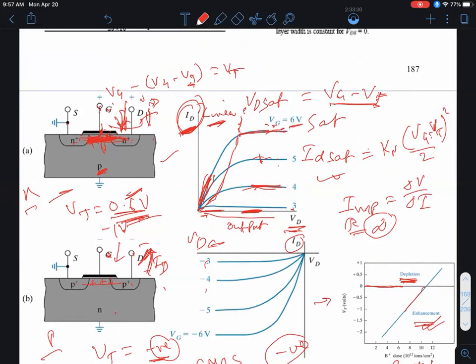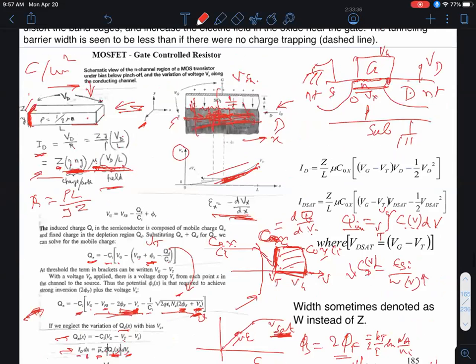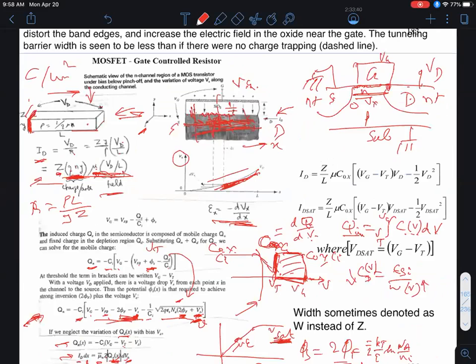These electrons are drawn more and more closely to this interface where we have microscopic atomic roughness, as I mentioned at the beginning of this lecture today. Remember we said that we have atomistic roughness, and anytime I have a deviation from periodicity, that causes scattering, and that's what causes the mobility of the carriers in the inversion region to decrease as the gate voltage increases, as this electric field increases.